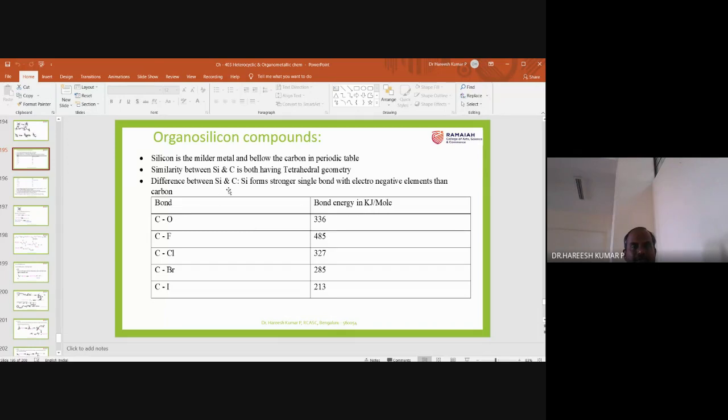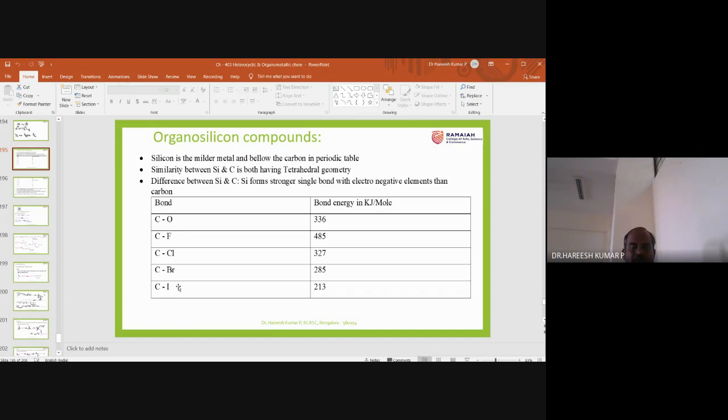The difference between silicon and carbon: silicon forms stronger single bonds with electronegative elements than carbon. So here I am giving data about carbon and other atoms' bond energy.